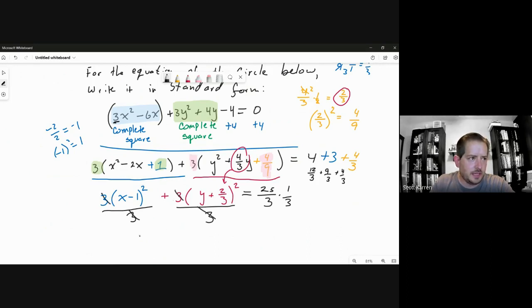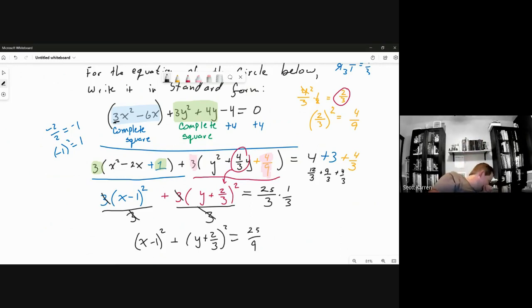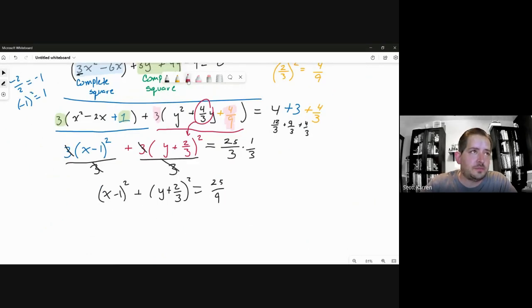This becomes x minus 1 squared plus y plus 2/3 squared equals 25 over 9. Excuse me. And so I have some information about this circle.